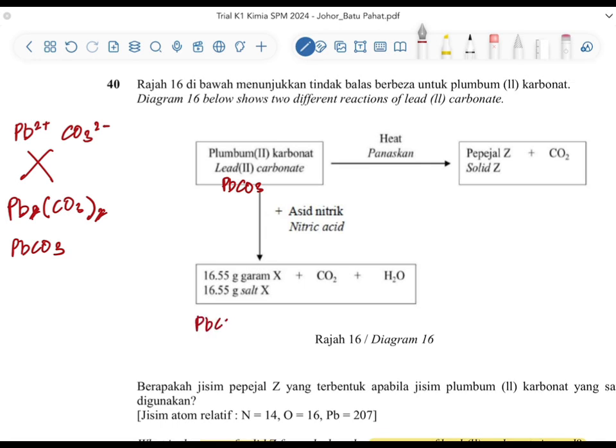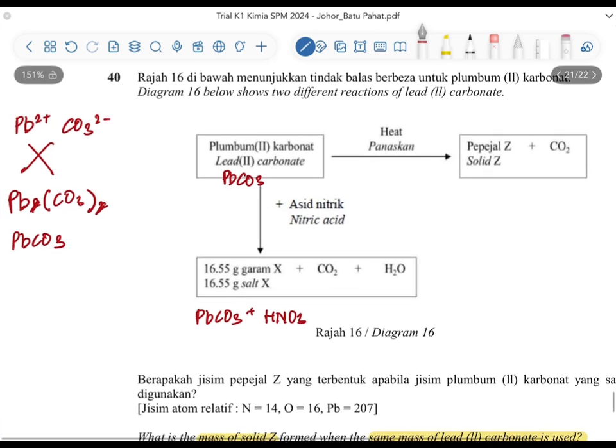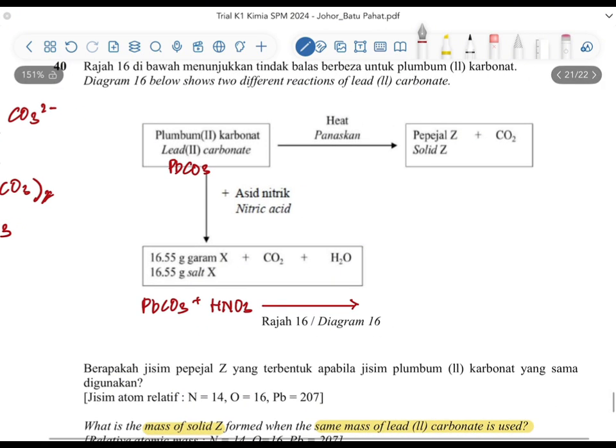So PbCO3 plus HNO3, which is the chemical formula for nitric acid. It will form the salt, which is PbNO3 2 plus CO2 plus H2O.